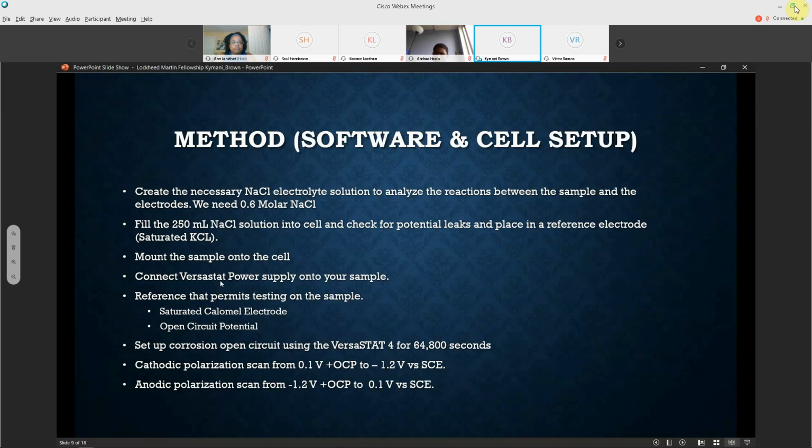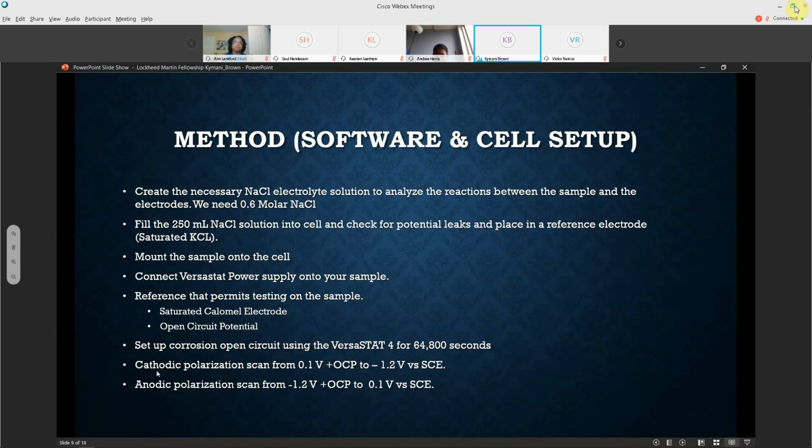After which, we connected the VersaSTAT power supply to the sample and added the reference electrode, otherwise known as the saturated calomel electrode, and set up the open circuit potential, OCP. The OCP was set for 64,800 seconds, which is exactly 18 hours.